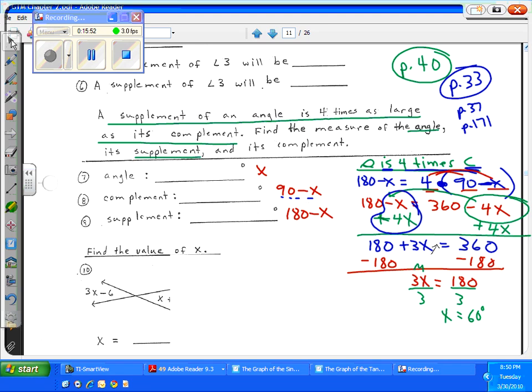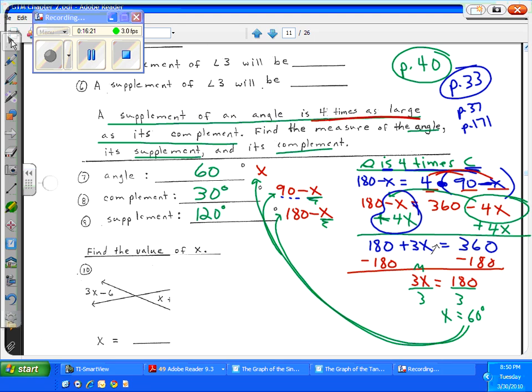The question was to find the angle, its supplement, and its complement. The angle is x, so it's 60 degrees. The complement is 90 minus x, so it's 90 minus 60, which is 30 degrees. The supplement is 180 minus x, so it's 180 minus 60, which is 120 degrees.